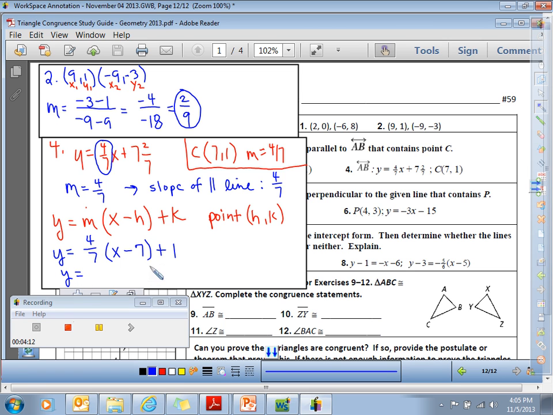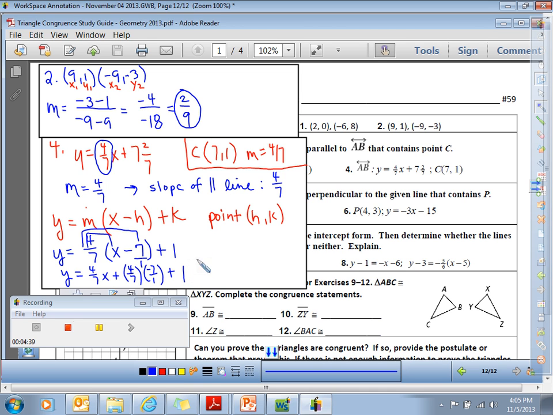And you can leave it like that, or you can put it into slope-intercept form by distributing the 4/7. So y is equal to 4 over 7x, and then 4 over 7 times -7. You imagine it's -7 over 1. So I'm going to put plus 4 over 7 times -7 over 1, plus 1.